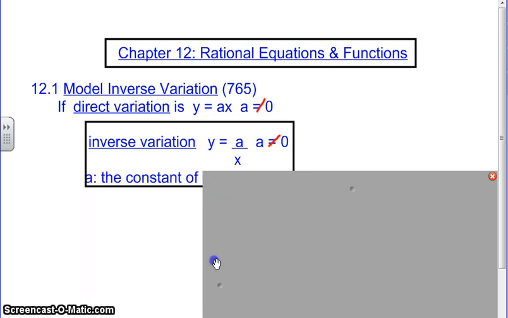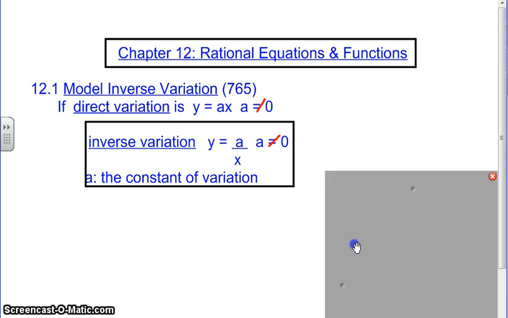Constant of variation, good. It is the one thing that isn't changing. We'll change the independent variable x, and then the corresponding dependent variable y will change, depending on the x, right?